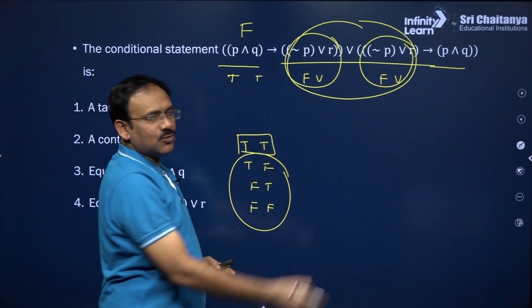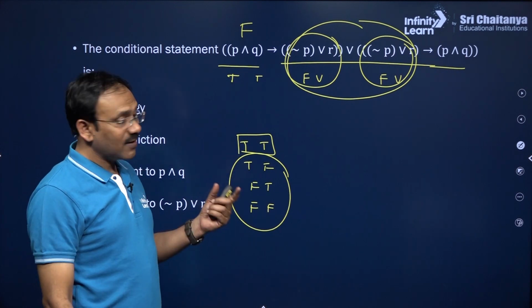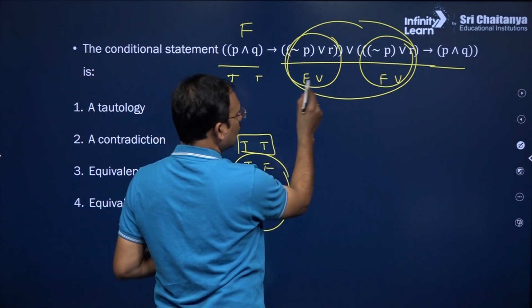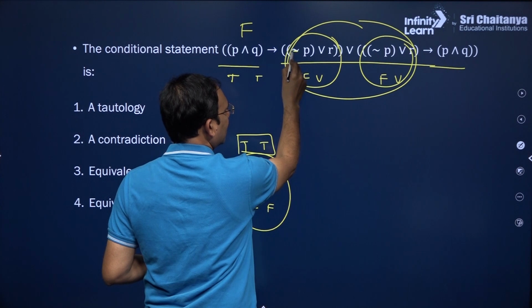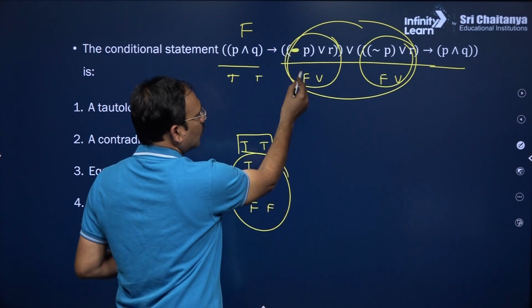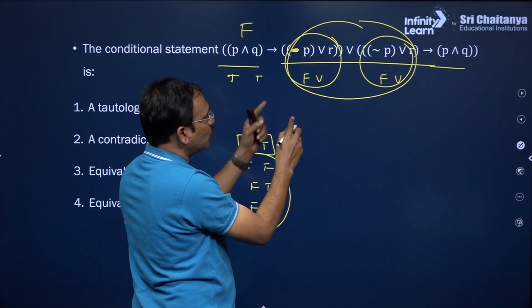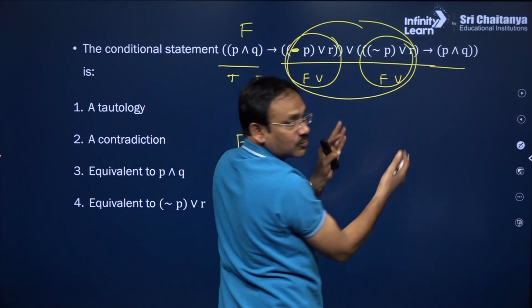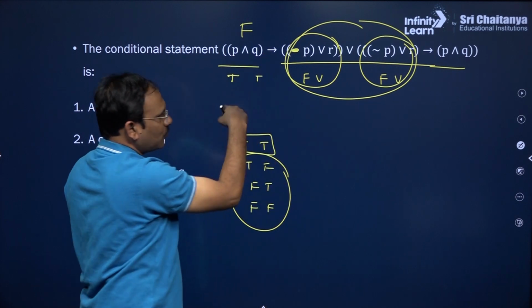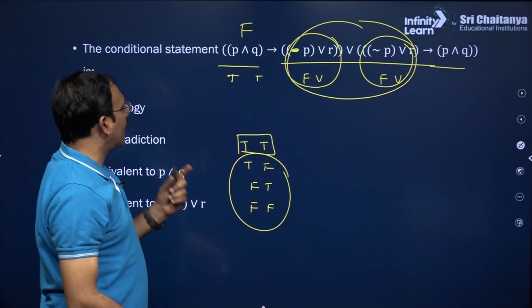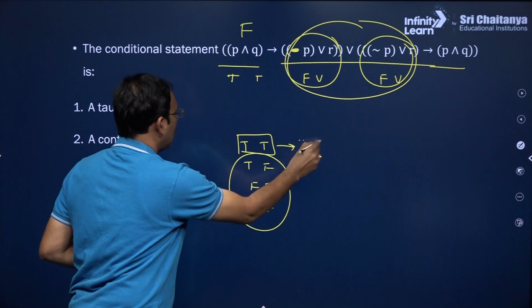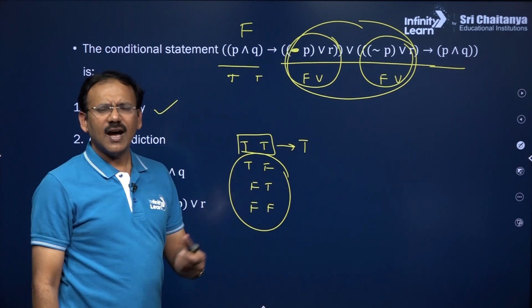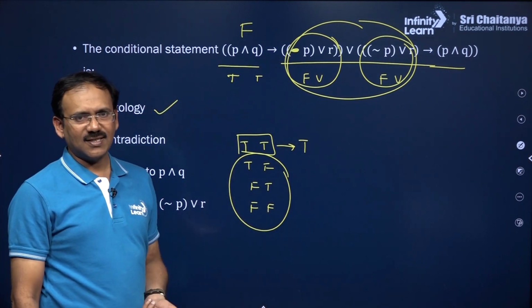Finally, true implies true will become true, my dear friends. I guess there must be either here or here the negation is not there. So true or anything is true, true implies true is true, and hence this case is also true. It is a tautology, my dear friends. Otherwise, we need to write cases, it takes time, that is all.